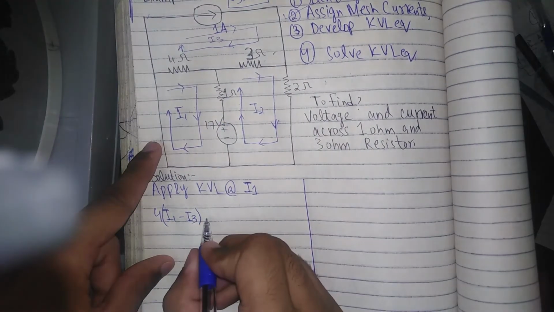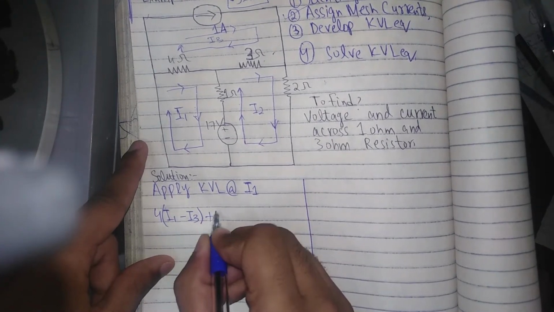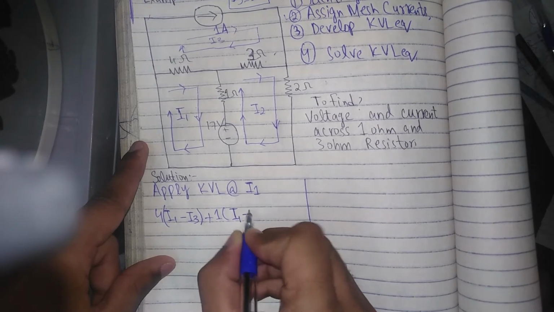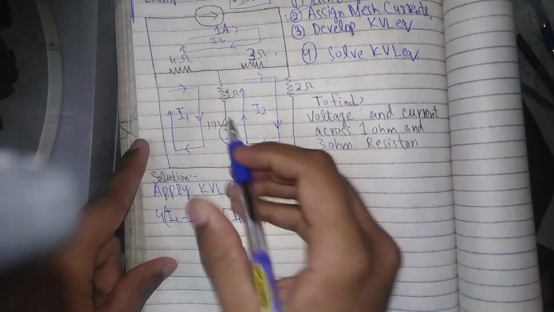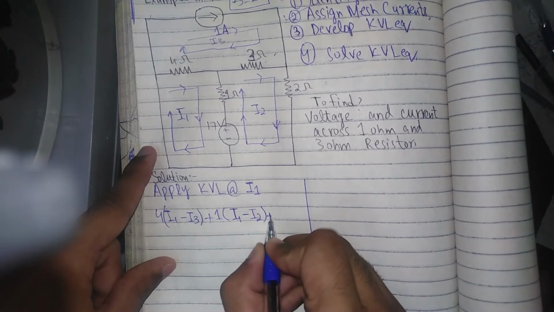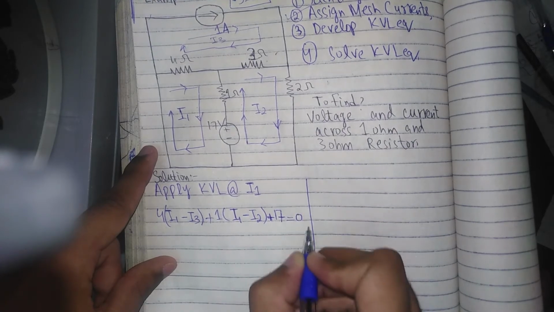Currently we are in loop I1, so we will write 1 into I1 minus I2. It will start with a positive sign, so we will write plus 17 is equal to 0.